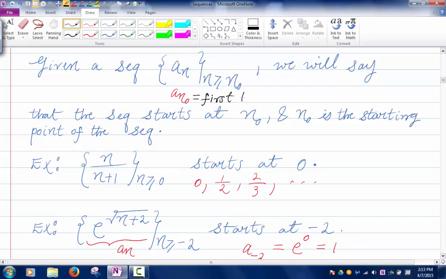And I am going to say that this sequence starts at n0, or that n0 is the starting index or the starting point of this sequence. Am I making sense? I'm going to call n0 the starting index of the sequence or the starting point of the sequence, and also I might use the language, the sequence starts at n0.